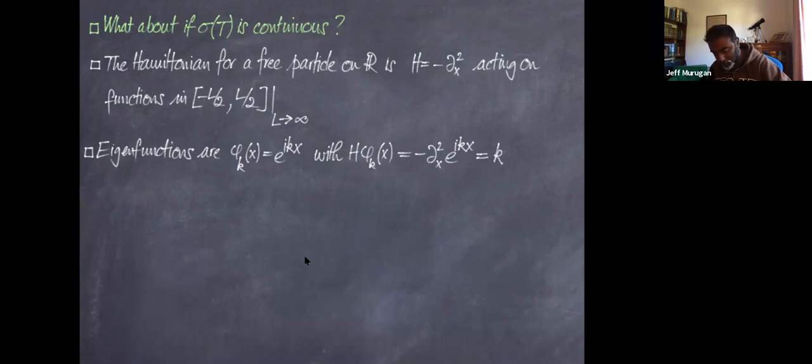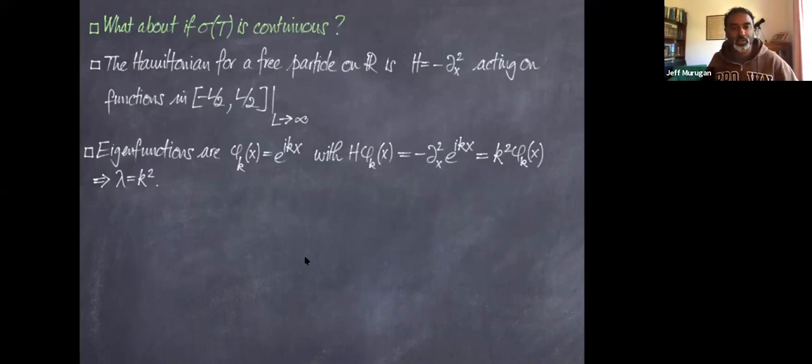And I get k squared phi_k of x. In other words, the eigenfunctions are these e to the i k x's with eigenvalues lambda equal to k squared.